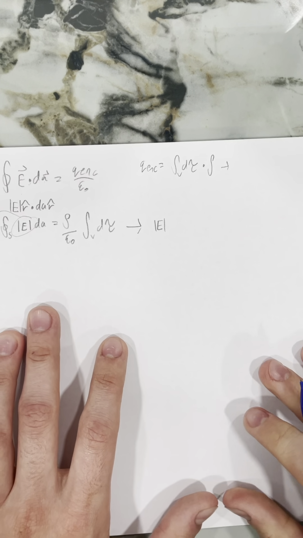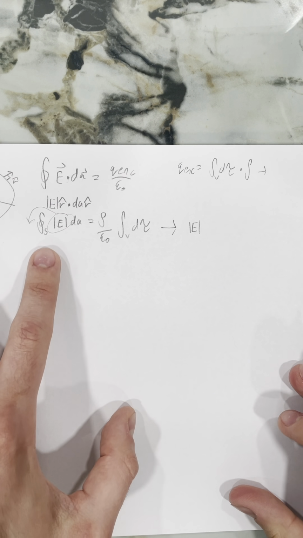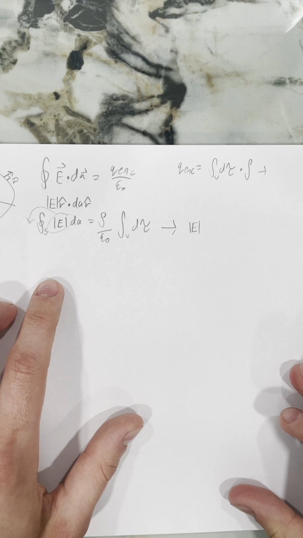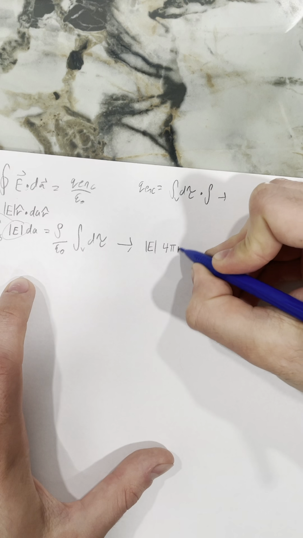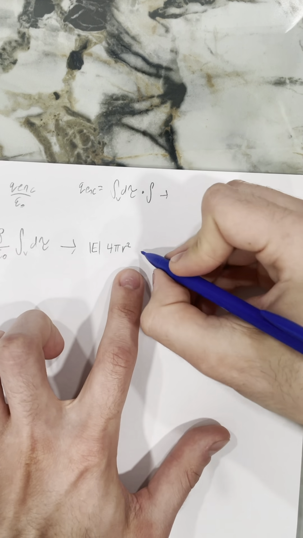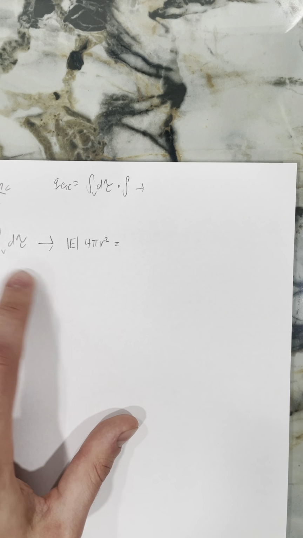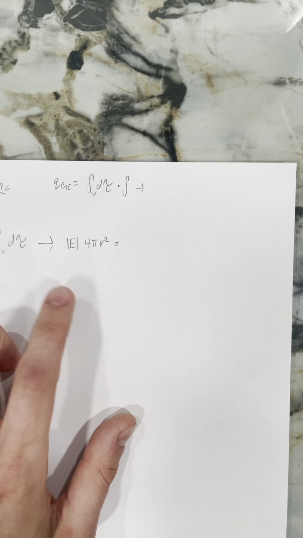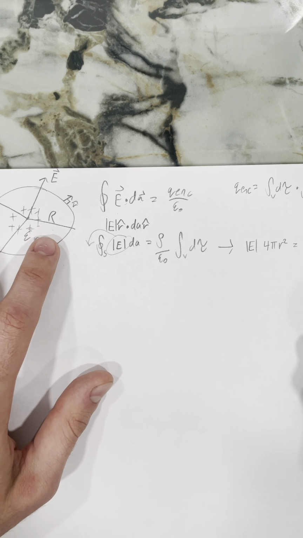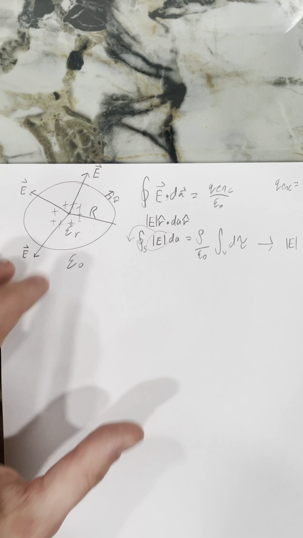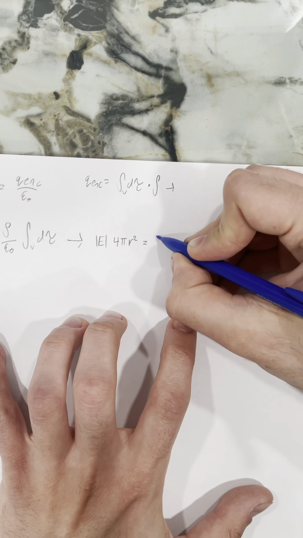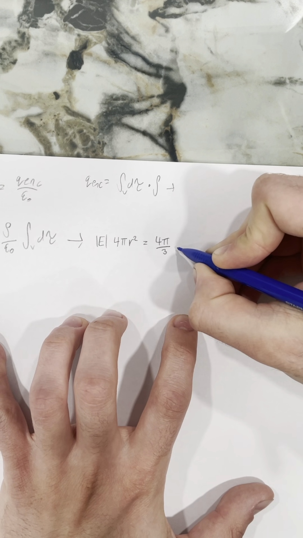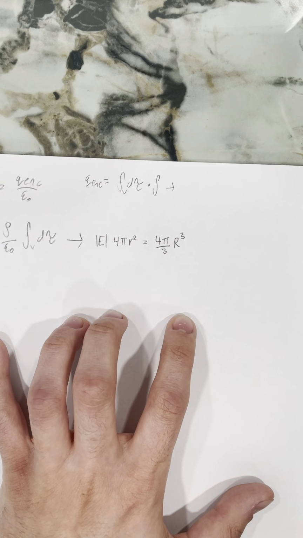We know that the surface integral for a sphere, or the surface area of a sphere, is just equal to 4 pi r squared. And then for the charge enclosed, we know the volume of the sphere of radius big R, so the charge enclosed is going to be 4 pi over 3 times big R cubed.